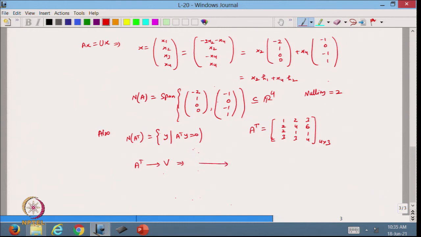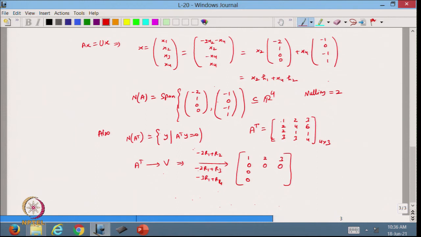I will apply the elementary transformations minus 2 R1 plus R2, minus 2 R1 plus R3, and minus 3 R1 plus R4. If I apply this, I will get 1 2 3, 0 0 0. I am multiplying by minus 2 and adding, so minus 2 plus 2 is 0, minus 2 plus 4 is 0, and minus 6 plus 6 is 0.